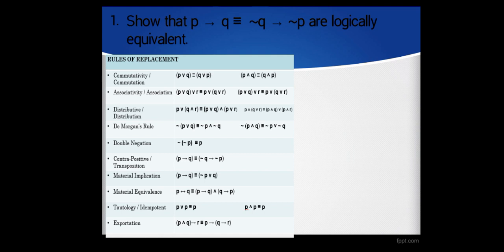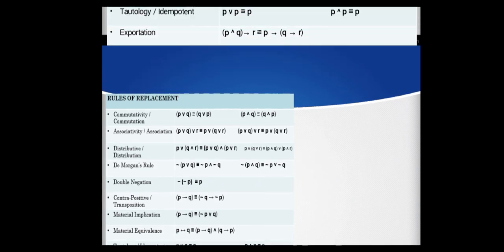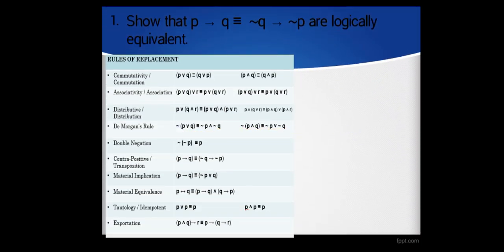Make sure that this one will become like this one. First, we will copy the P implies Q.